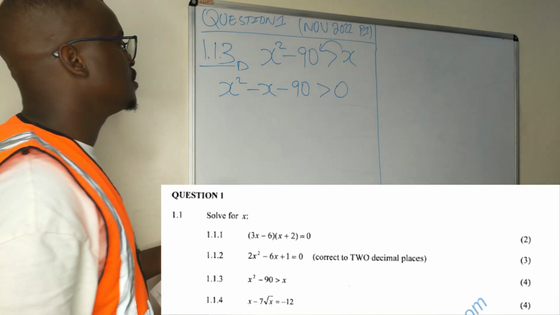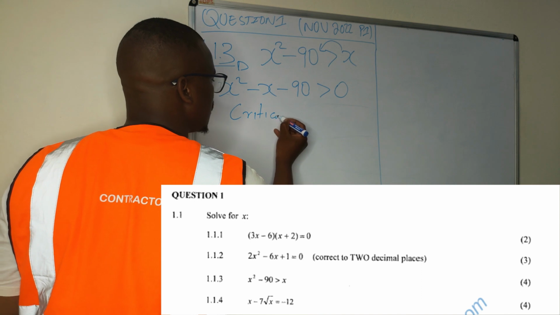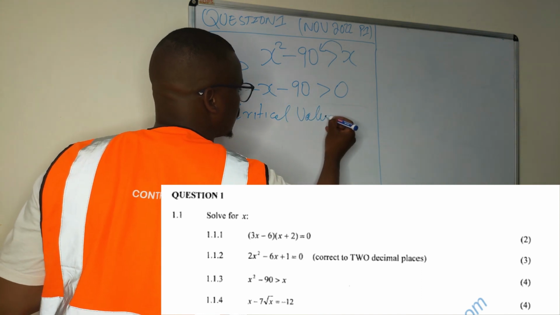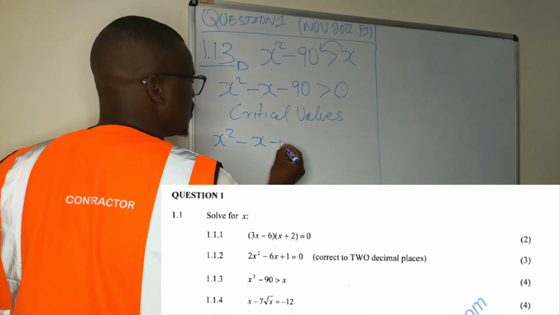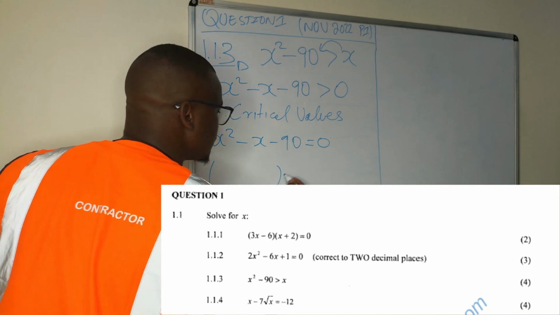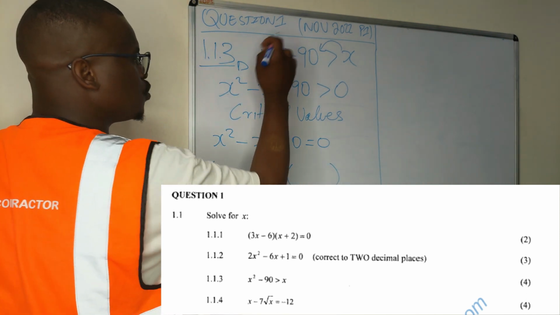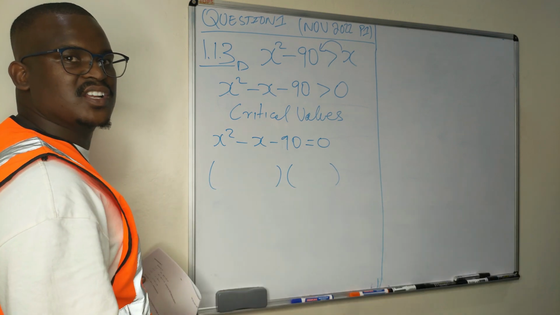Find your critical values. So our critical values for x squared minus x minus 90 is equal to 0. Factorize this, or you put it in a quadratic equation, because this is similar to 1.1.2, the one where we use the quadratic equation.